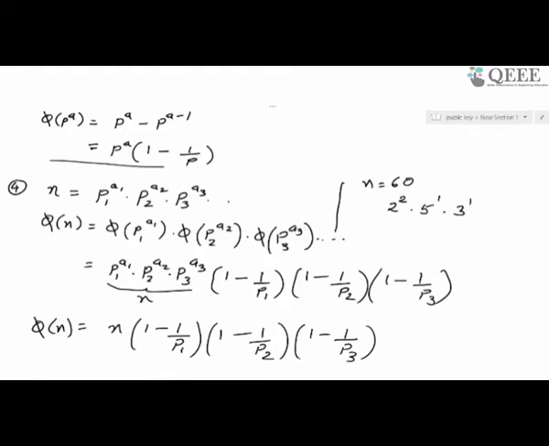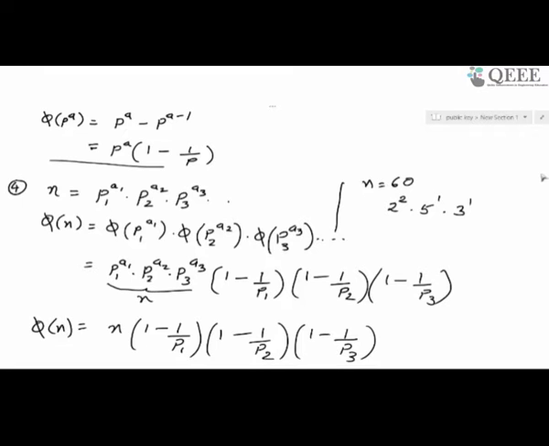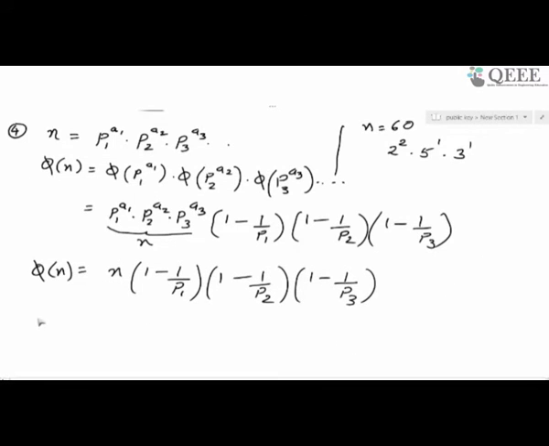So let us actually compute phi of 60. We take n equal to 60 and we know that 60 equals 2 squared into 5 to the power of 1 into 3 to the power of 1.